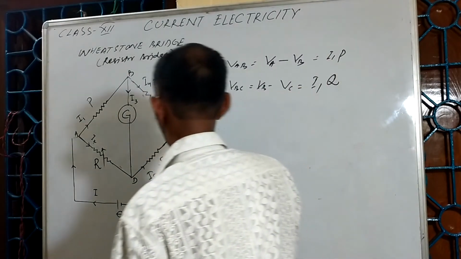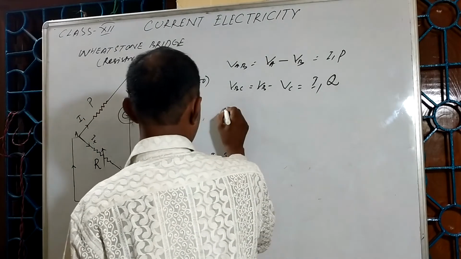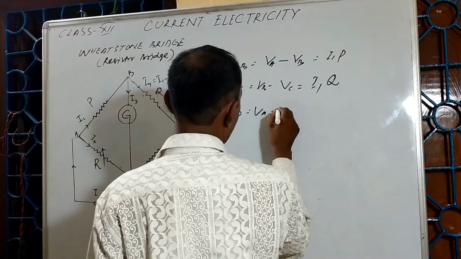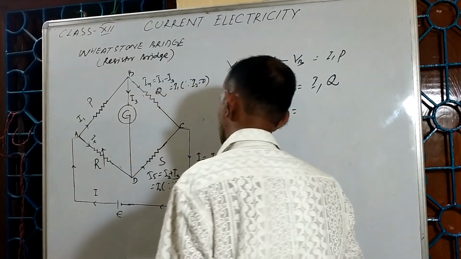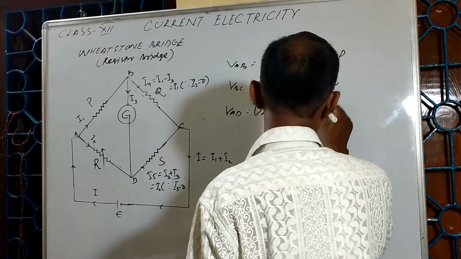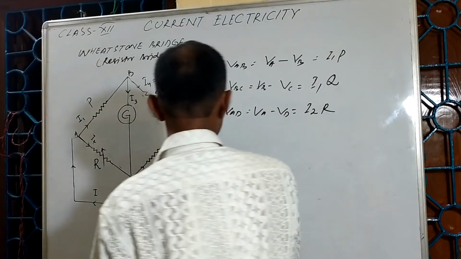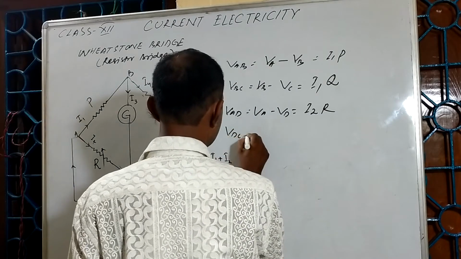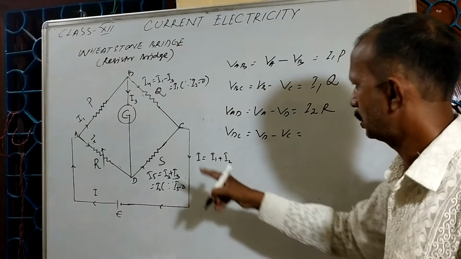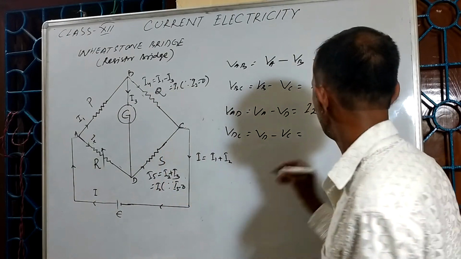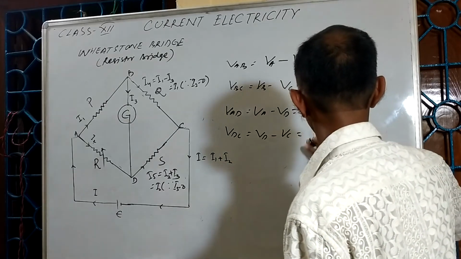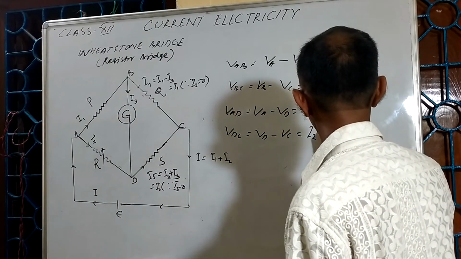Okay. Similarly, I can say that VAD is equal to VA minus VD, which is equal to I2R. Similarly, VDC is equal to VD minus VC, which is equal to I2S.